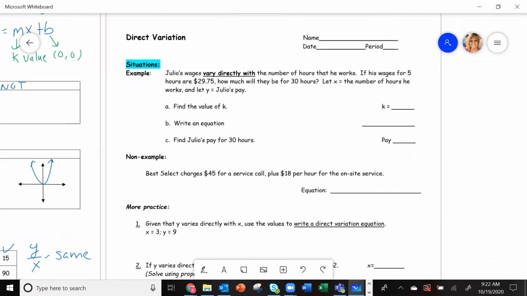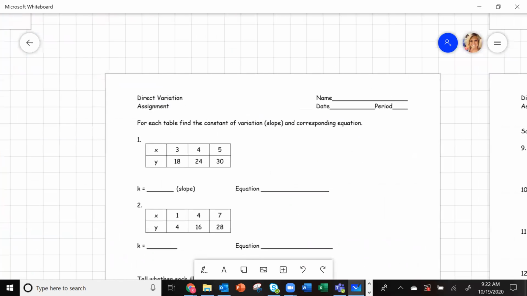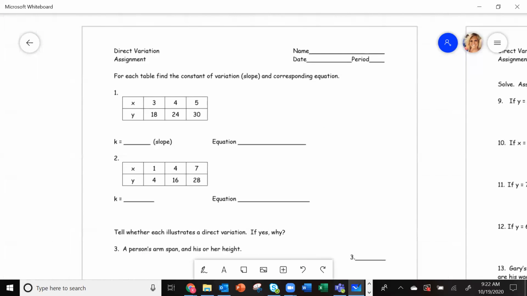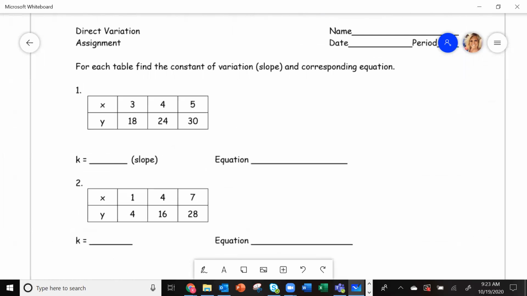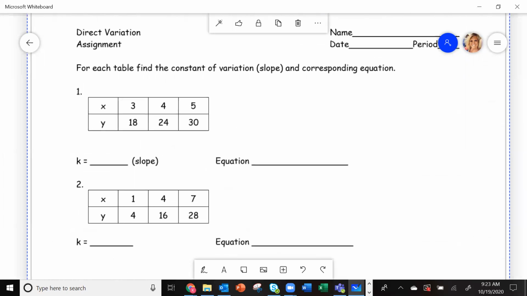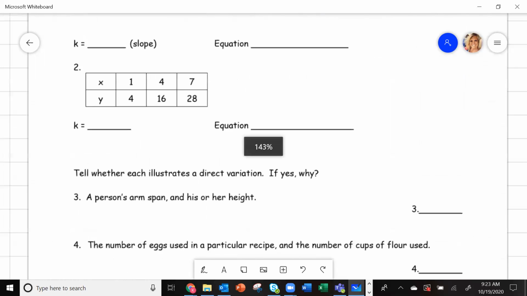So actually, before we go on with the next ones, I want to go back over here. I want us to practice a second. Let's look at this right here. I want you to try and do these two problems.